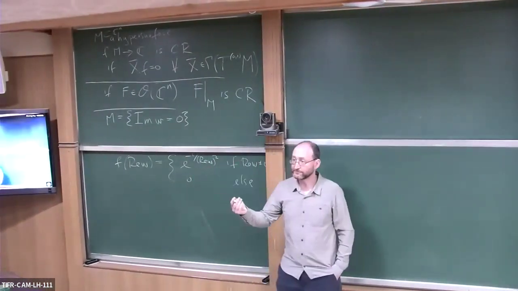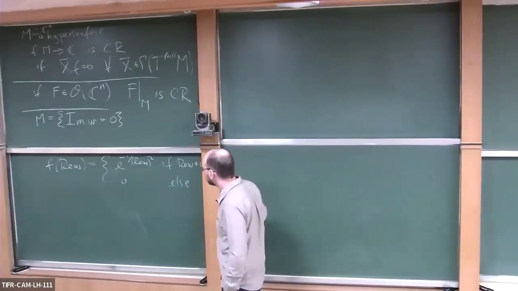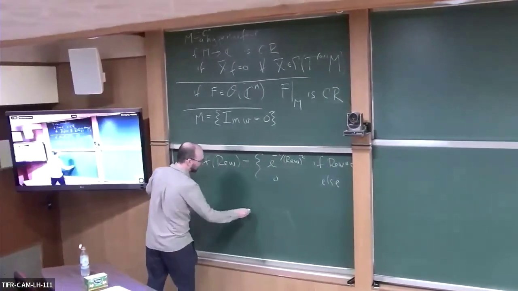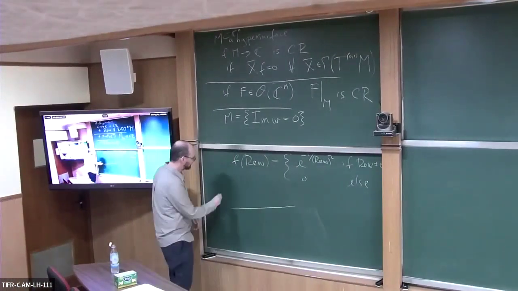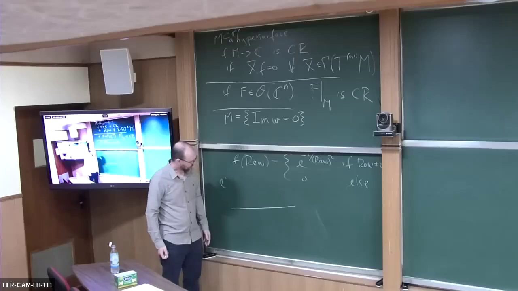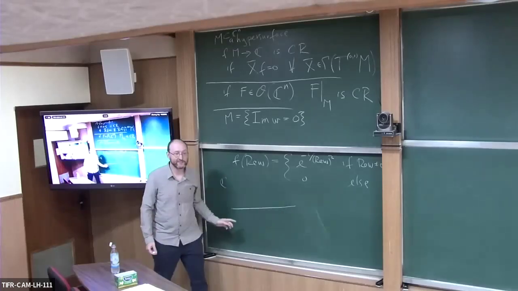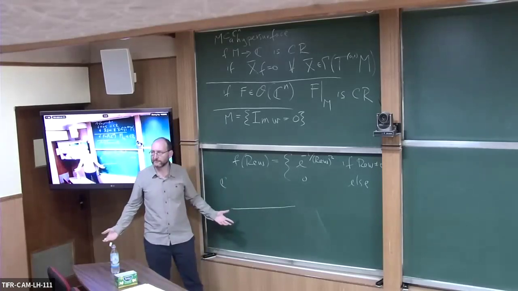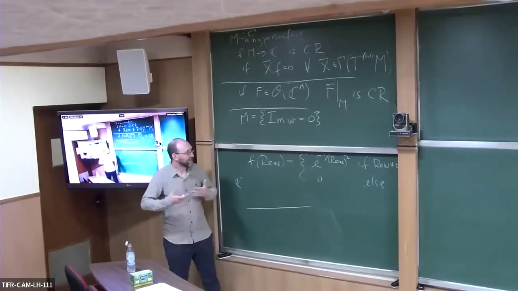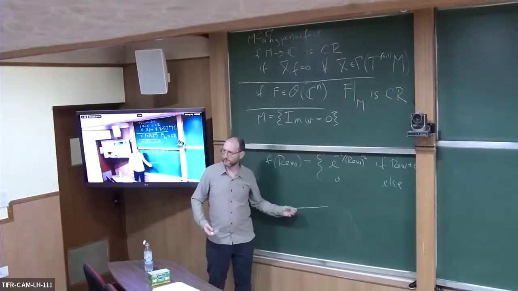It's the same idea, but it's a little bit more intricate, because in one variable, if I have a hypersurface, there's no CR vector. If I'm on the real line, just in C, there's no CR vector. This is a hypersurface, and any function on here is a CR function, right? And so any real analytic function will extend.